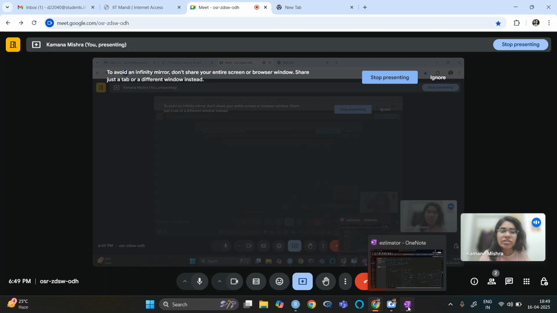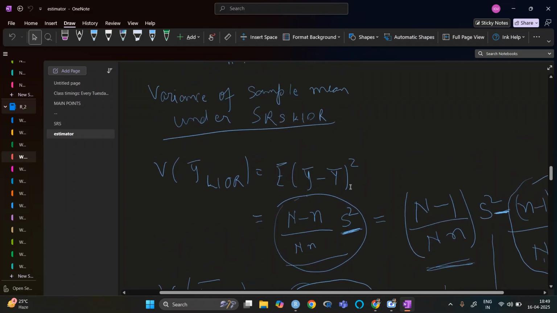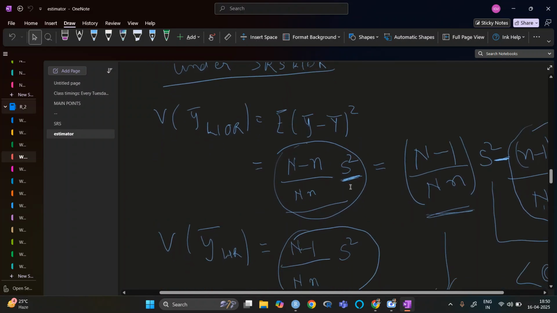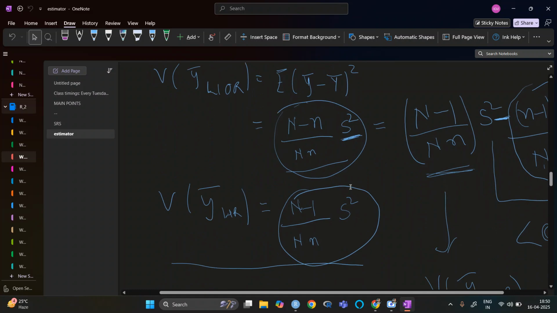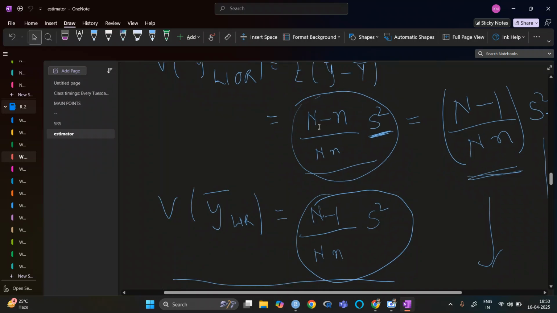Okay, sorry for that. So you have the variance under without replacement, and this one is with replacement. You can see that here it is N minus n, here it is N minus 1.